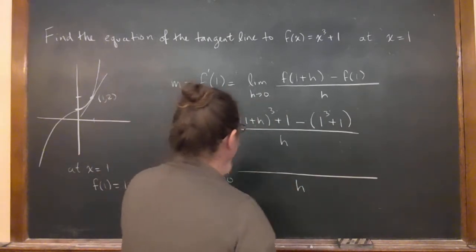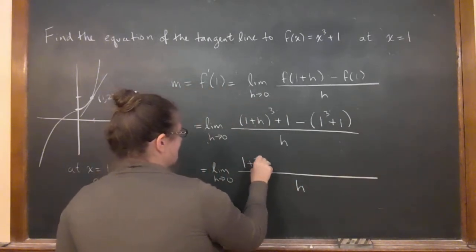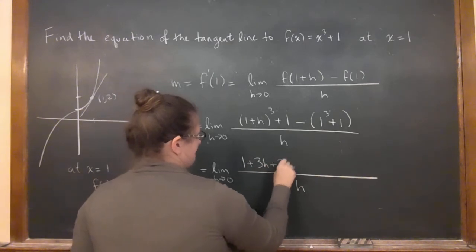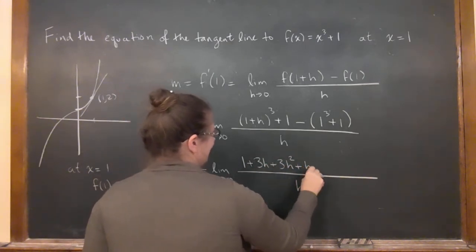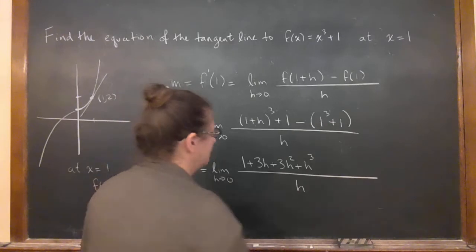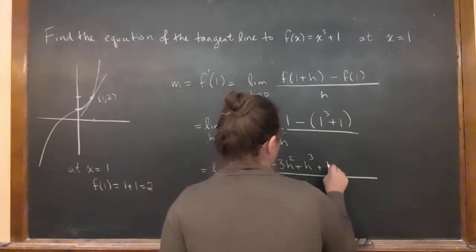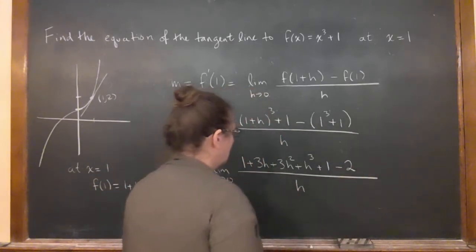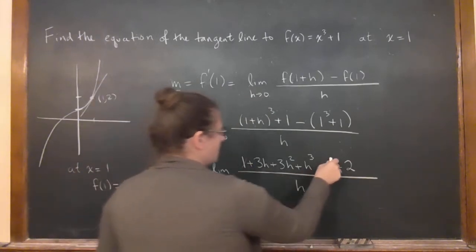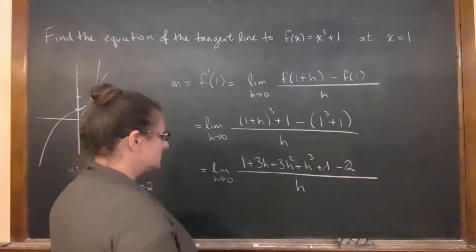So I'm going to work this out. Happens to be that, right? And then I have plus 1 minus 2. Well, these constants cancel out, right? I've got plus 2 minus 2.